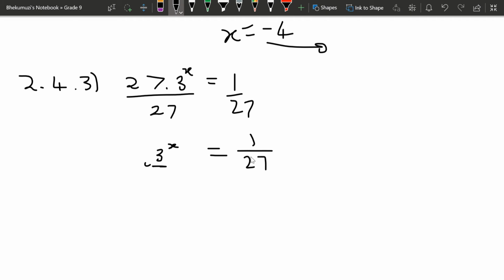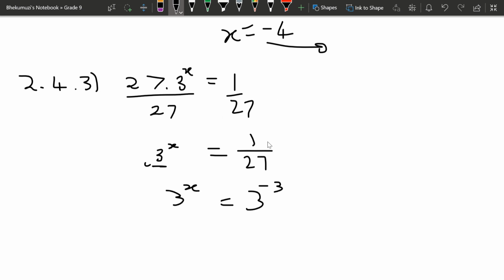So in actual fact, what you should notice is that 3 times 3 is 9, but 3 times 3 times 3 is 27, and that is actually 3 to the power 3. But then 1 over 3 to the power 3, as a fraction, would be what? It would actually be 3 to the power negative 3. And in this case, you should be thinking about your exponential rules.